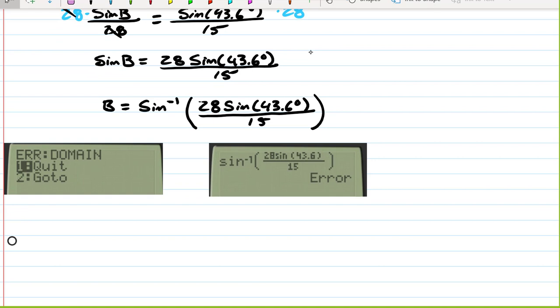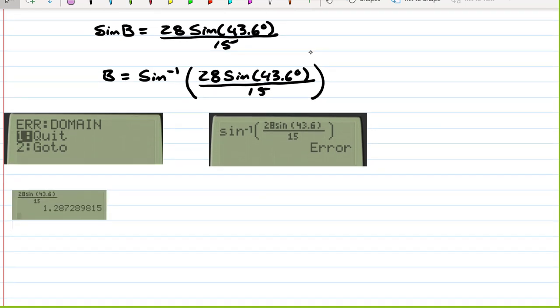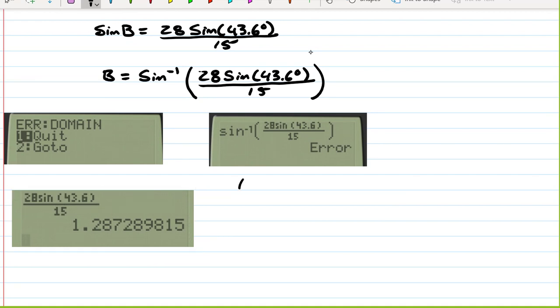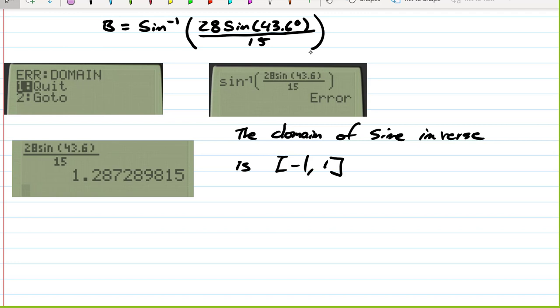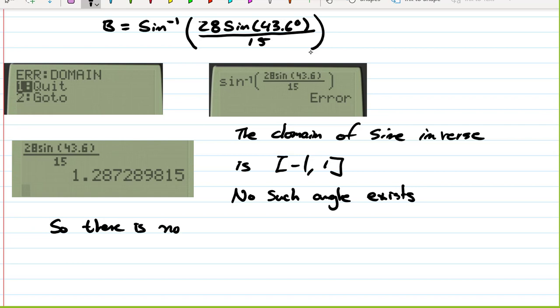Well, its domain only goes from -1 to 1. So the domain of sine inverse is -1 to 1. So no such angle exists. So there is no triangle with those measurements.